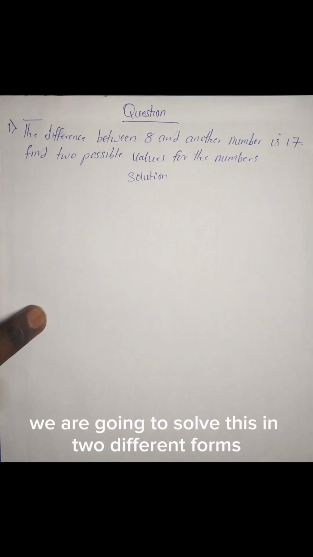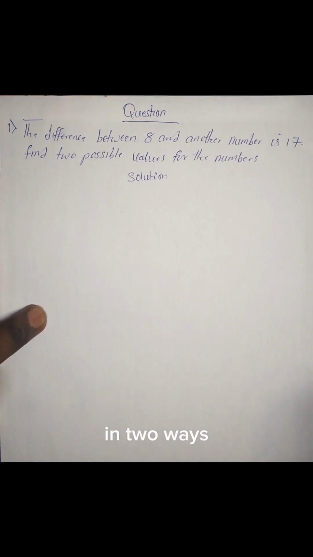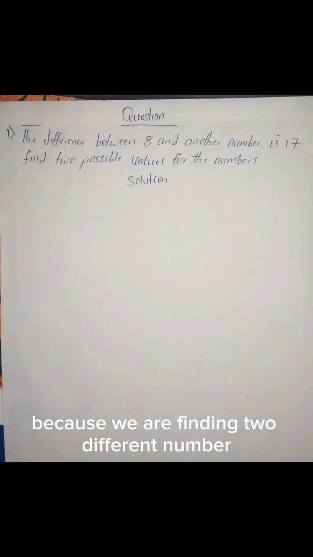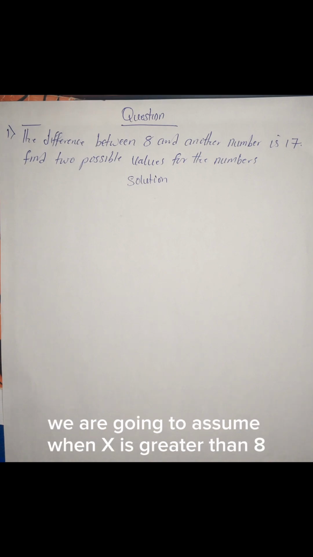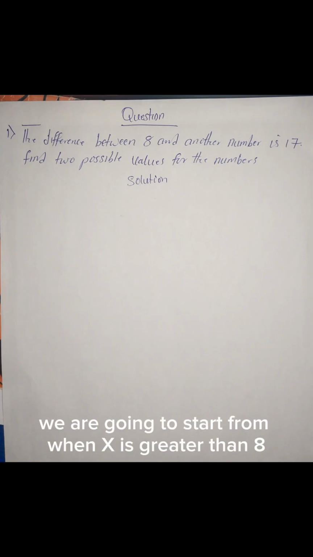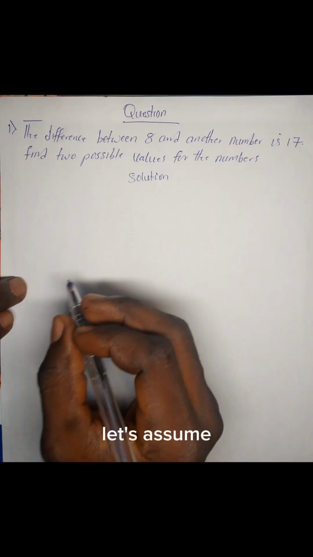Let's assume we are going to solve this in two different ways. Because we are finding two different numbers, we are going to assume when x is greater than 8 and when x is less than 8. We are going to start with when x is greater than 8.